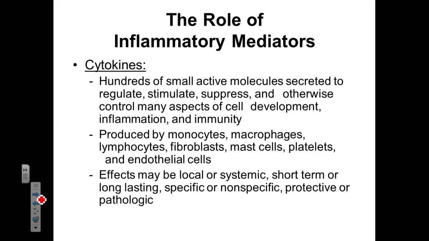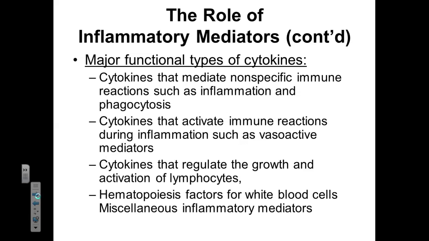Our cytokines can be produced by a wide variety of cells, including our monocytes, macrophages, lymphocytes, fibroblasts, mast cells, platelets, and endothelial cells. So lots of cells can make cytokines. Depending on which cell type and the number of cell types producing cytokines, the effect of inflammation can be localized, or it can be short-term, or long-lasting. It all depends on the concentration and the duration of cytokine production.